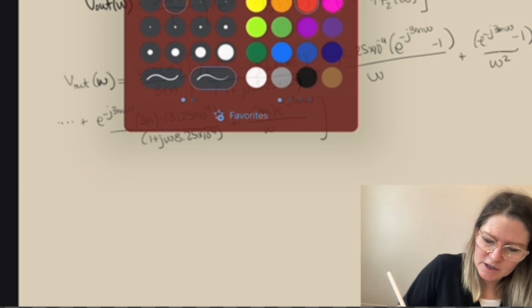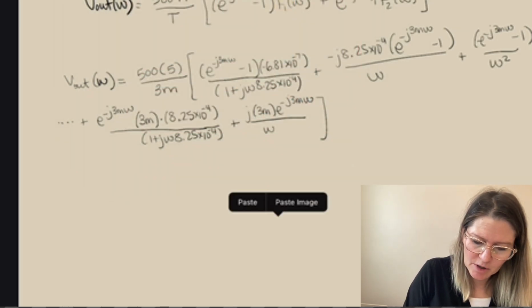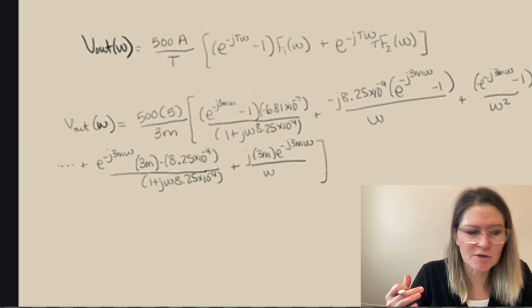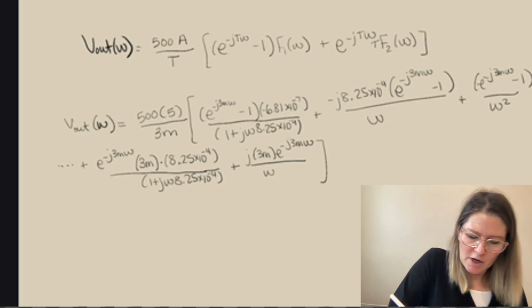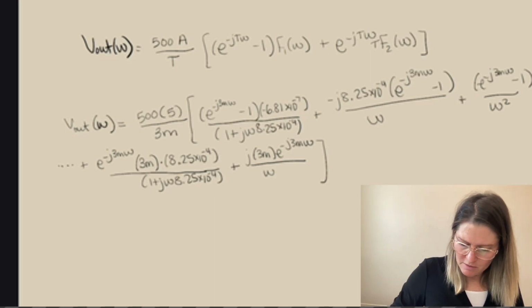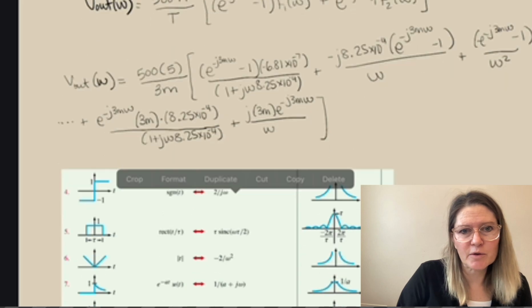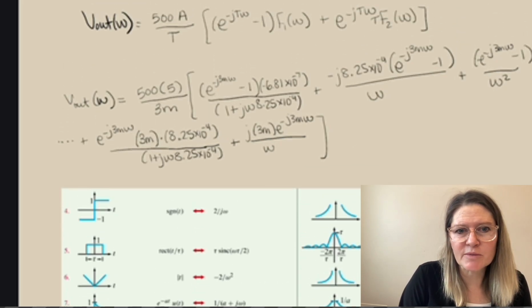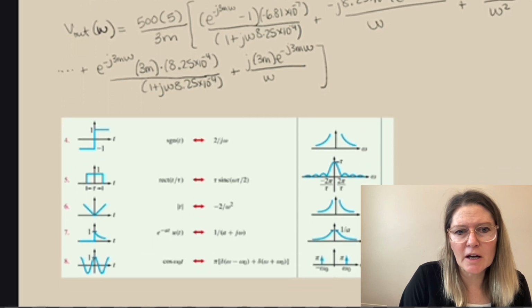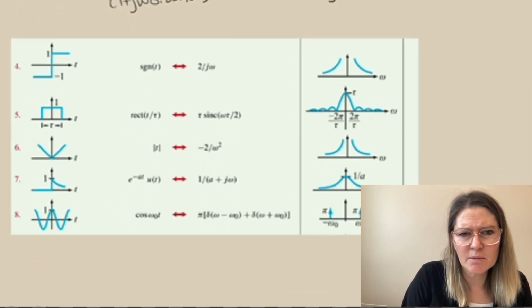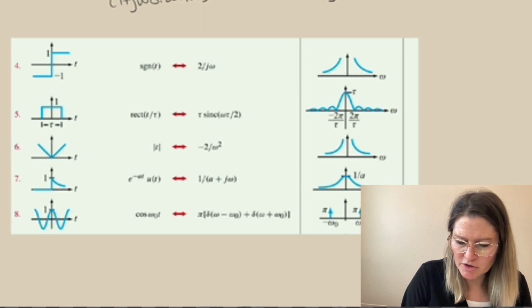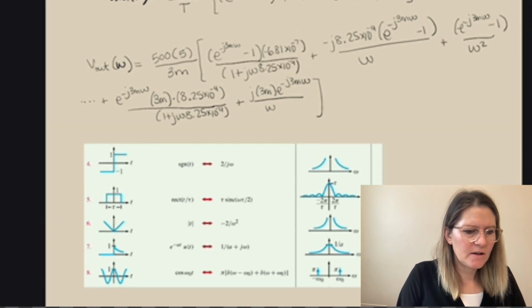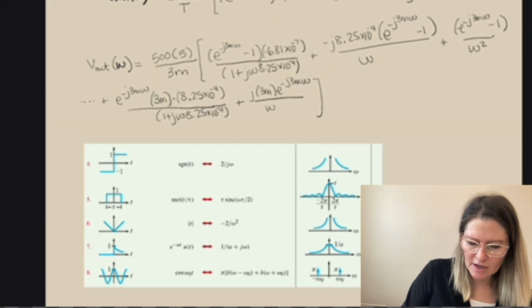What I note here is that now I want to move this to the time domain. I note from the transform tables that several of these match up. So 1 over a number a plus j omega is number 7. So this ends up being number 7.